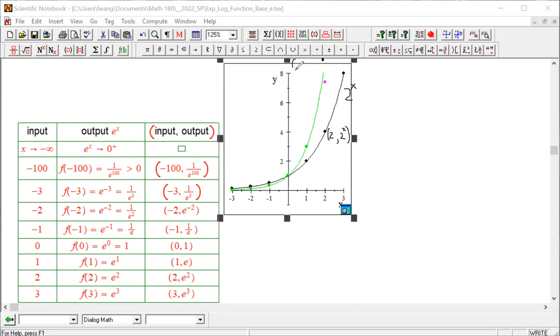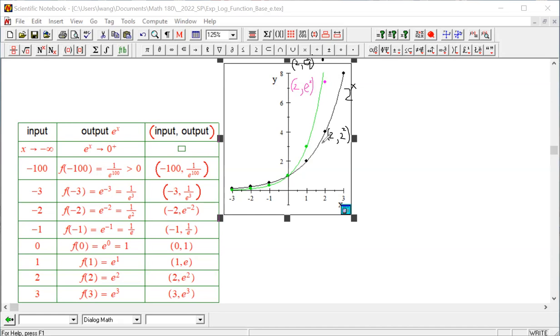That point is 2, 9, that's 3 squared. And for the purple, I'm going to use a purple color, it is 2, e squared. So that's the purple point.